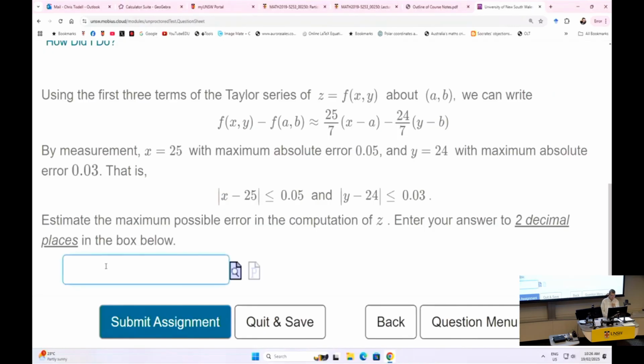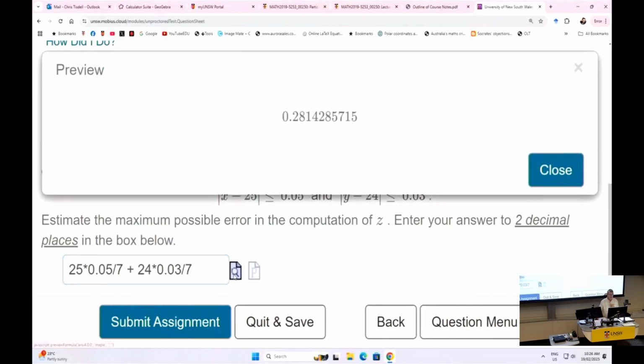Okay, so let's try it. Plus over 7. Okay, so see how it's computed it?